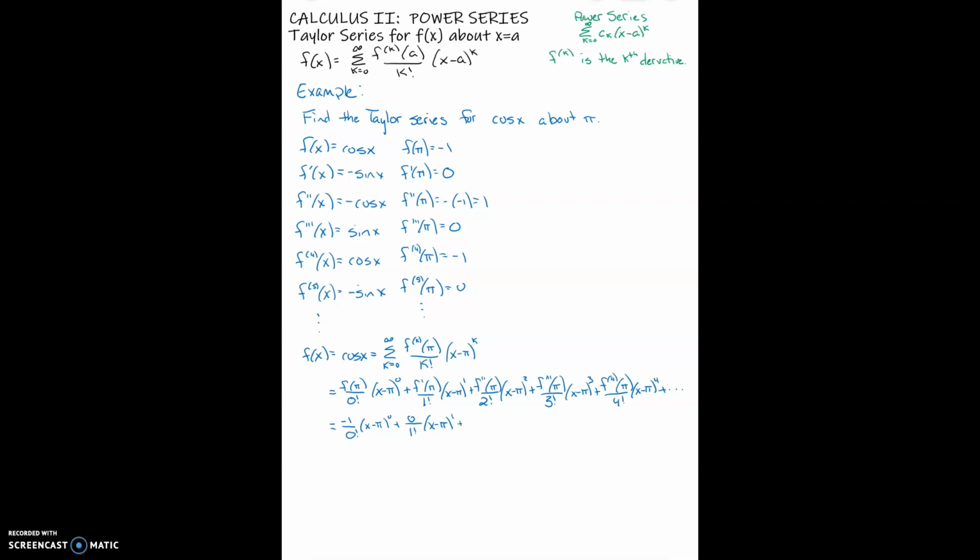I don't want to lose anyone. The second derivative at pi gave us a positive 1. Third derivative, we got 0 again. Fourth derivative gave us negative 1 there in the numerator. And of course, if you had written out the fifth term, you would see that that would be a 0 as well.